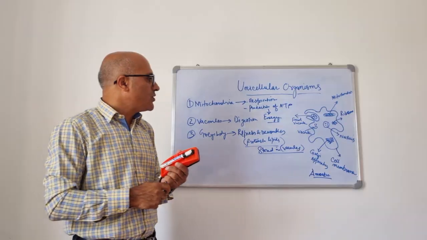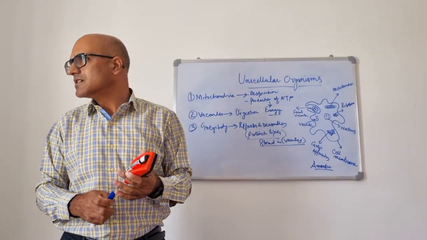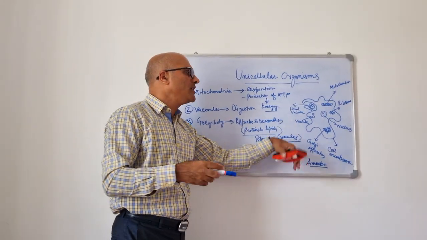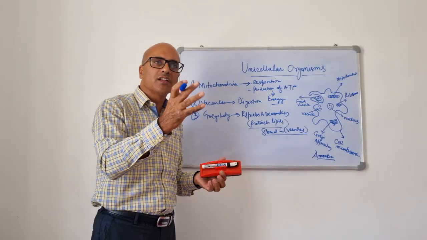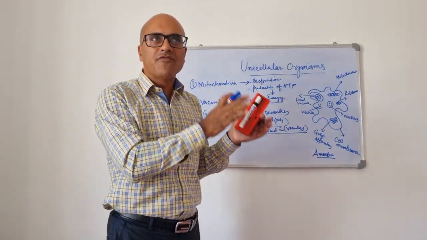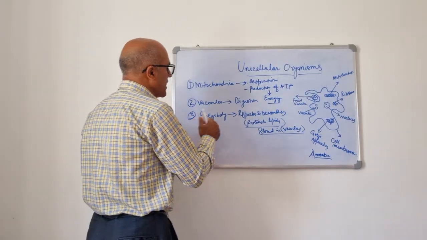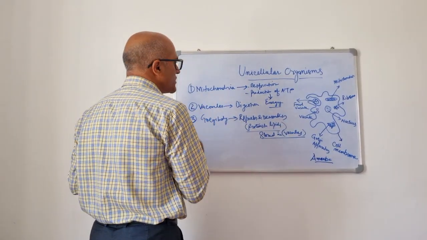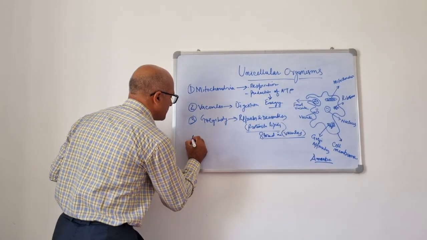Later in this chapter or in another chapter, we'll learn about the structure of the cell membrane and the models of cell membrane given by different scientists, so we will explain that in detail at that time. Here we are understanding the function of Golgi body, mitochondria, vacuoles, and then ribosomes.